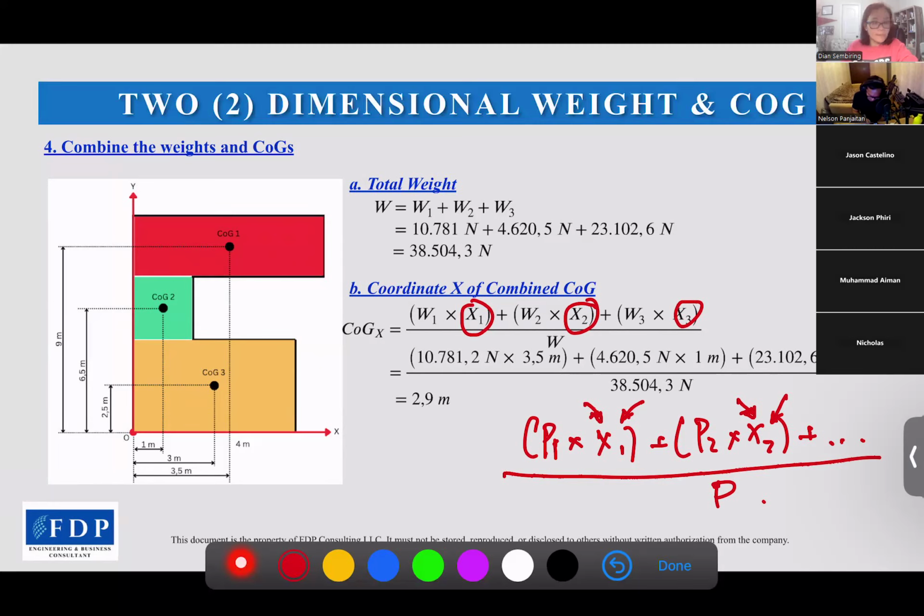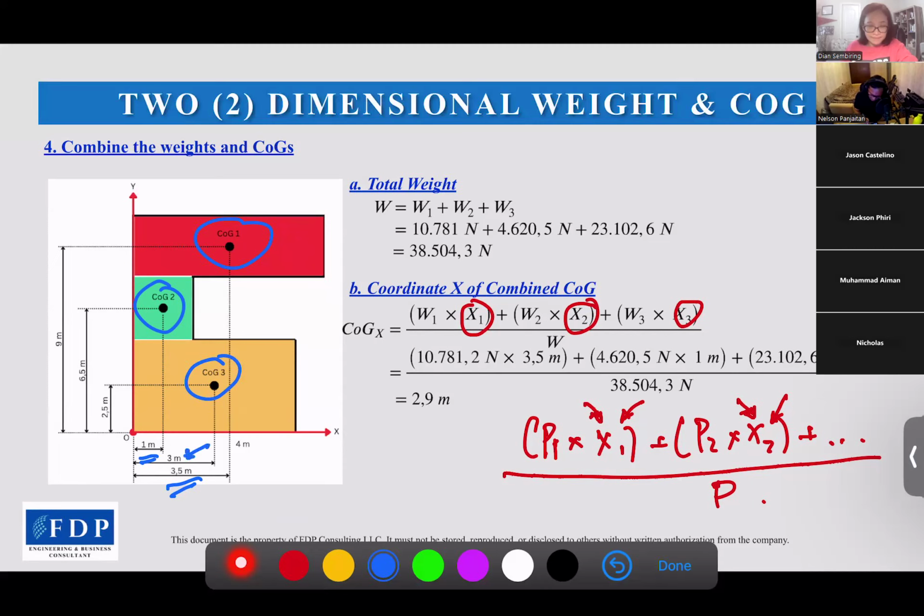So for the coordinate x, for the weight of area 1, COG1, the x coordinate is 3.5. For area 2 here, the x coordinate is 1 meter. For area 3 here, the coordinate is 3 meters.